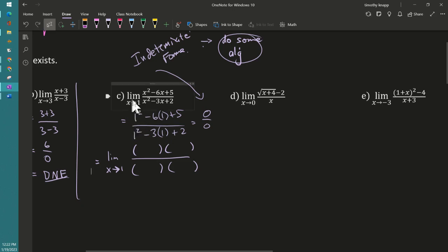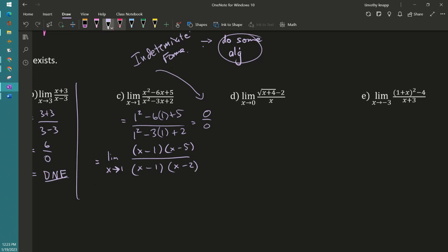But now I'm going backwards and starting over, so I have to start writing this limit again because I can't forget that I'm supposed to be evaluating a limit here. And if I factor this, I'm going to get x minus 1 and x minus 5. This is x minus 1 and x minus 2.